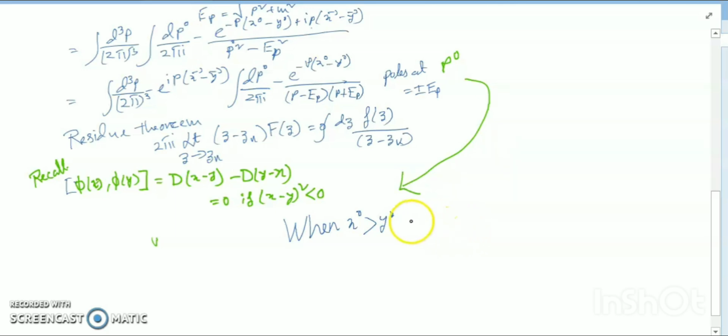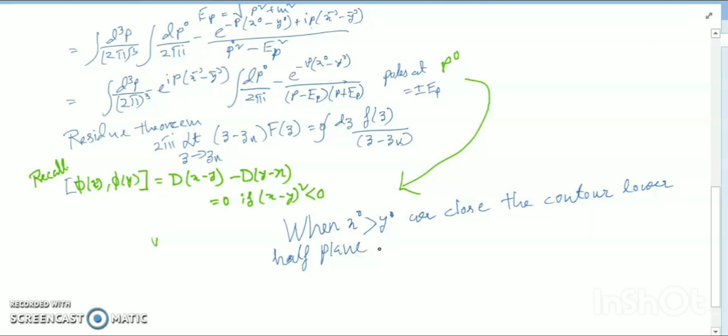Okay, we close the contour in the lower half plane, not the upper half plane. No problem.